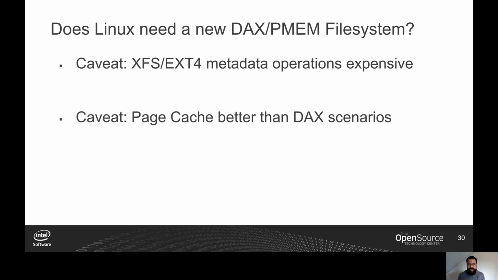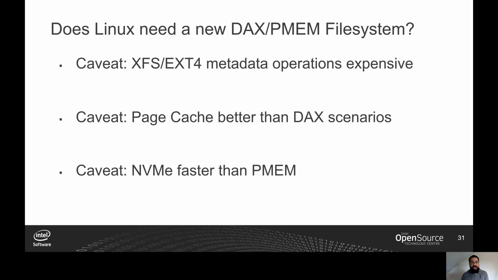So sometimes DAX is not automatic performance when page cache is better. And there are some workloads, especially large bulk transfer IO workloads, where NVMe is faster than PMEM. That surprises people, but it also kind of makes sense because NVMe has an offload engine and PMEM does not.